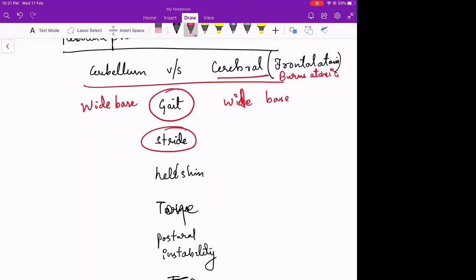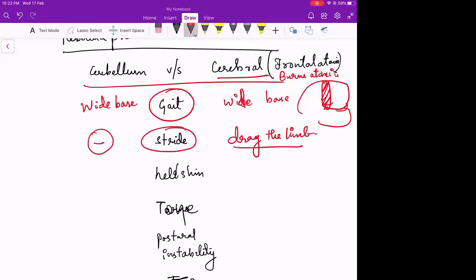Since the cerebral cortex is affected, that is the frontal cortex, which is predominantly the motor part, these fibers are affected, and the patient will try to drag the limb, which will not be seen in cerebellar disorders, because the power of the limb is very low. That's why the patient will try to drag the limb.